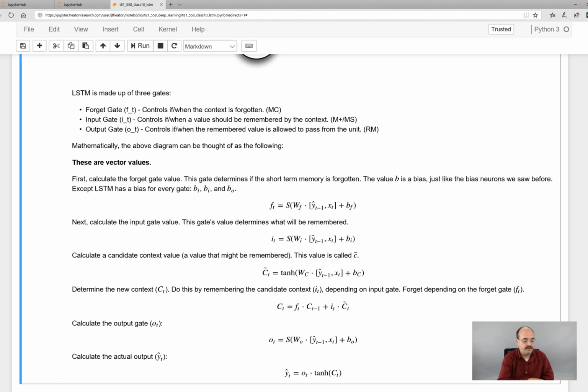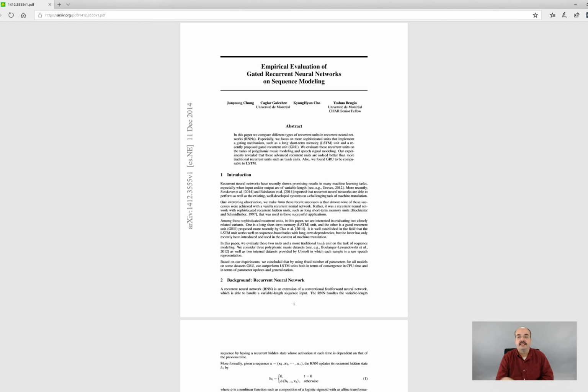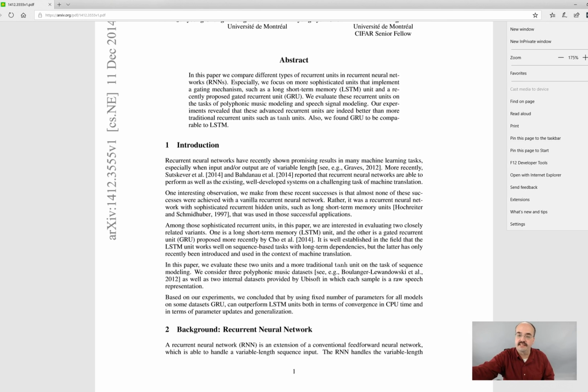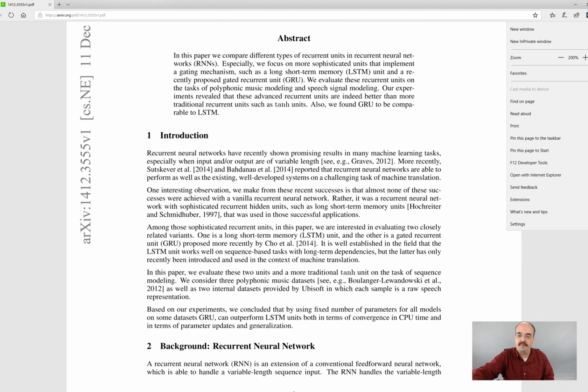There's another type of recurrent neural network that is very similar to this that is called the GRU, the Gated Recurrent Unit. It works really extremely similar to this. Let me zoom this in a little bit. This is the academic paper.